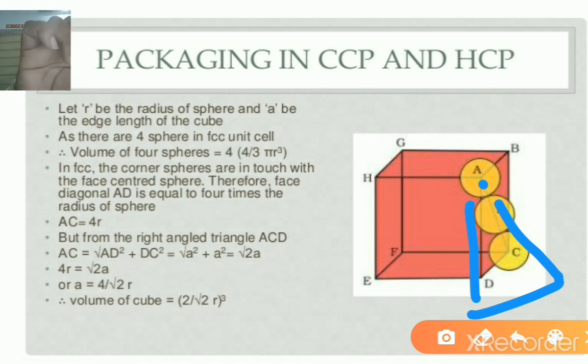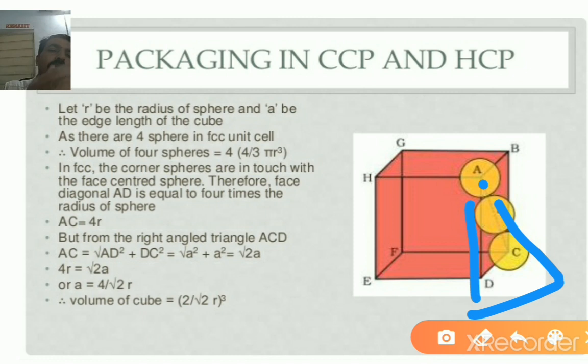Constituent particles are present at the two corners, at point A and point C, and a constituent particle is also present at the center of the face. In triangle ADC, AC is the diagonal.